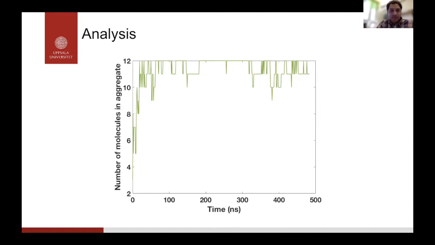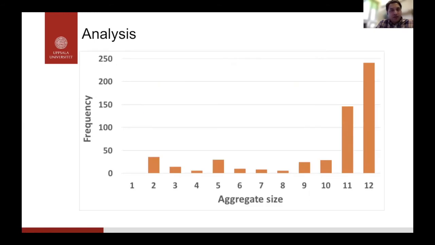And then you can also plot the overall aggregate size distribution: in these 500 nanosecond simulations that we have done, how many times we could see 12-mers, or monomers, dimers, trimers, tetramers and the other aggregate sizes.